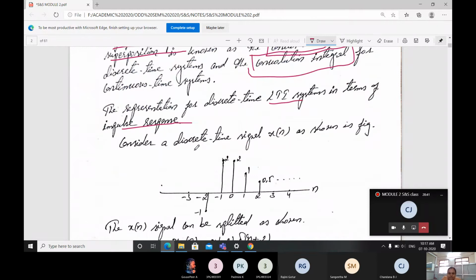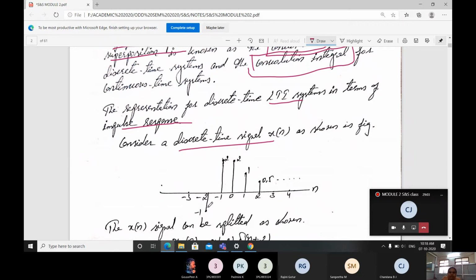Here, considering one example, you can go with continuous time also, but when going for continuous, some extra knowledge is needed. For that reason, if we go with discrete time, it will be easy to understand. So here a discrete time signal is taken as an example. Here the x of n signal is given.